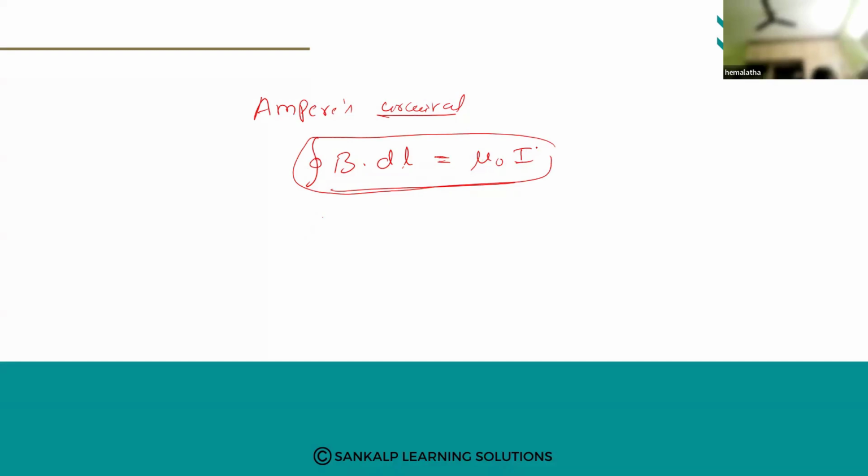Next, if you take Lorentz force, what does it mean? Lorentz force can be defined as the force on an electric charge Q due to both electric field and magnetic field.